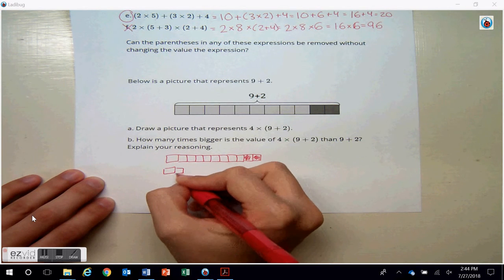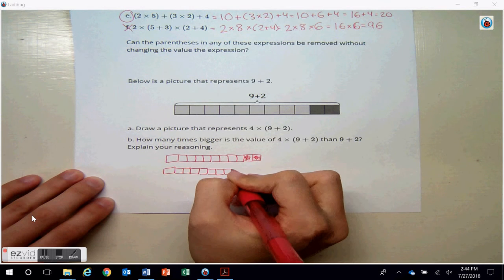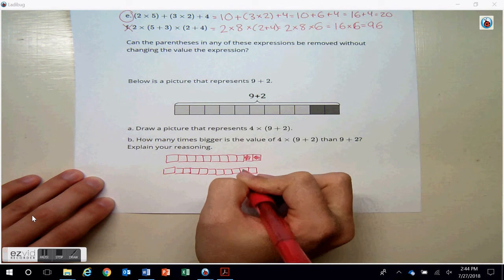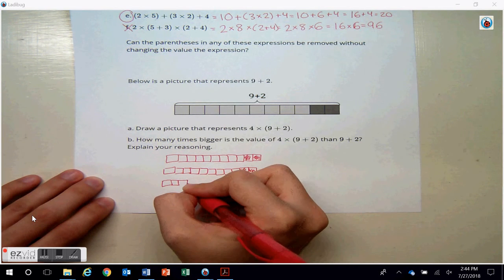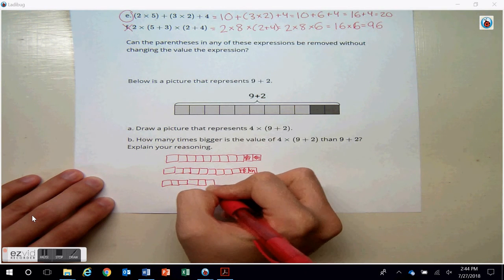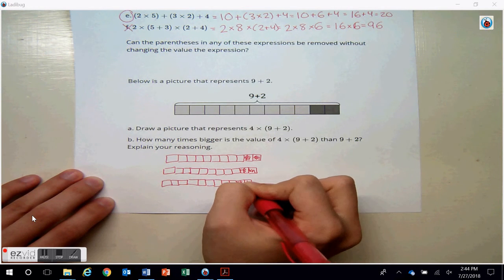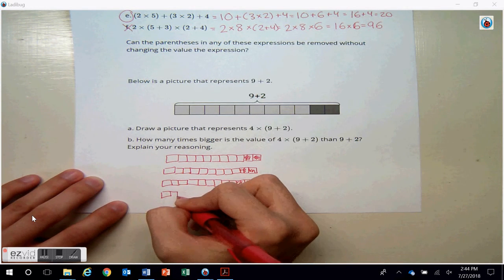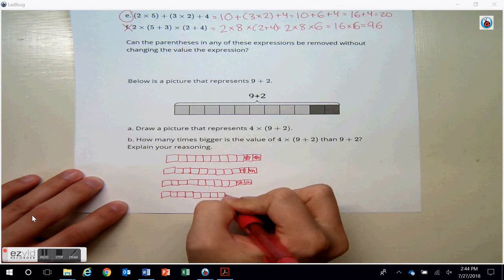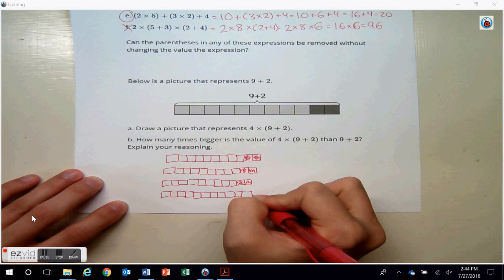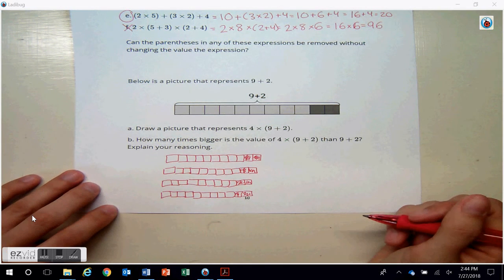Here's 2 groups. 1, 2, 3, 4, 5, 6, 7, 8, 9, plus those 2. There's 3 groups. 1, 2, 3, 4, 5, 6, 7, 8, 9, plus those 2. There's 4 groups, and that's what my picture would look like.